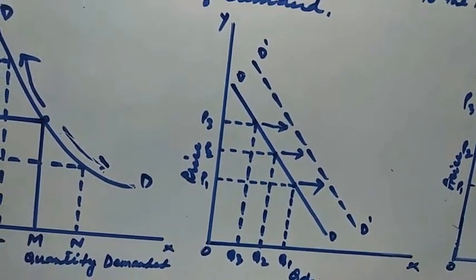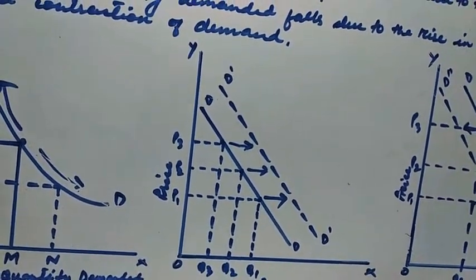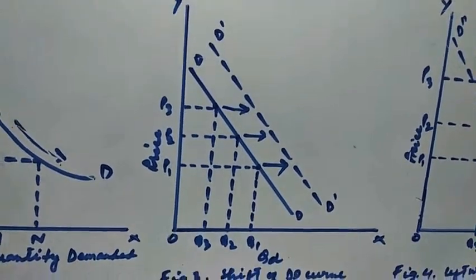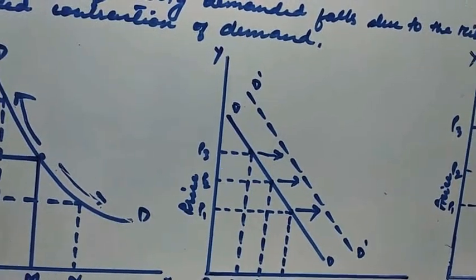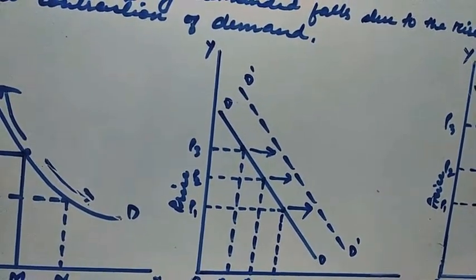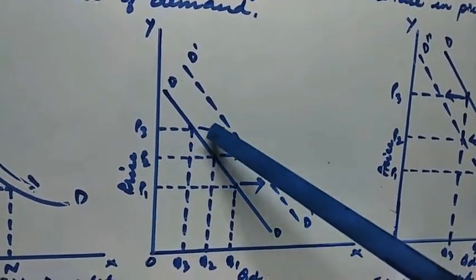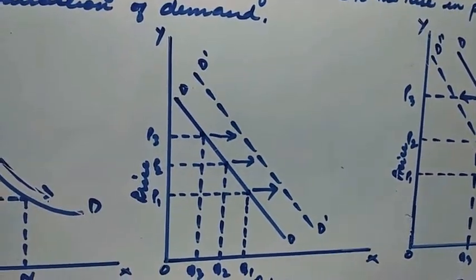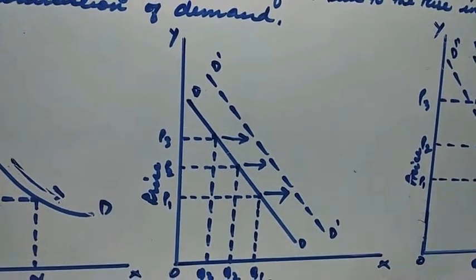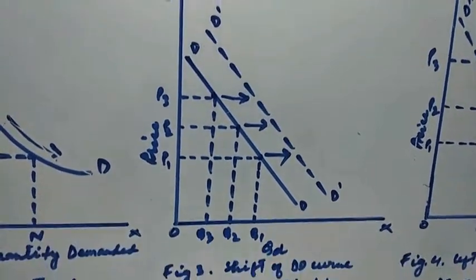They will demand more of a good. So when their income increases, they will demand more of goods, say cloth, at its prices. This will cause a shift in the demand curve. It shifts rightward, as shown in this figure 3.